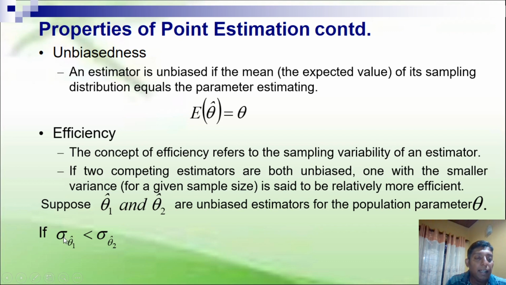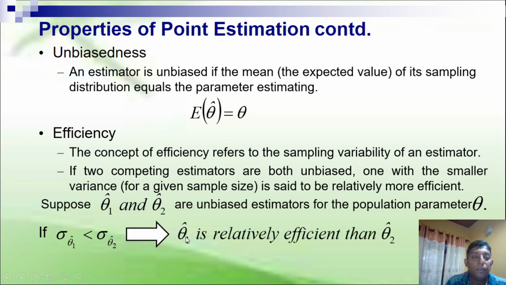That means the standard deviation or standard error of theta 1 hat is less compared to the standard error of the second estimator. Therefore we can say theta 1 hat, the first estimator, is more efficient than theta 2 hat, the second estimator.